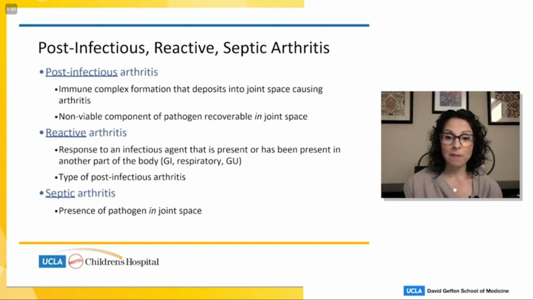And this starts with an infectious agent present in another part of the body, such as the GI tract, respiratory, GU. I'll go into a little bit more detail in a subsequent slide. Then there's septic arthritis, where the actual pathogen is often found, however not always found, within the joint space on culture or synovial fluid analysis.